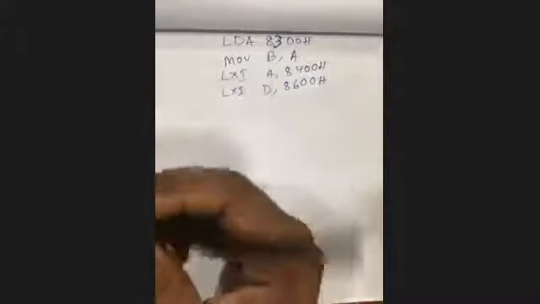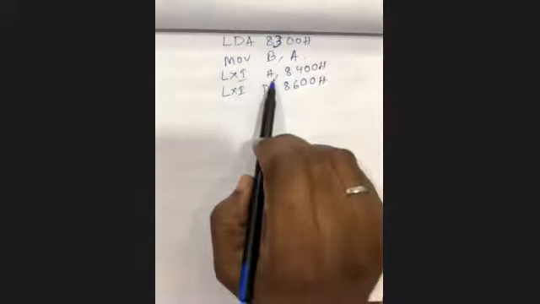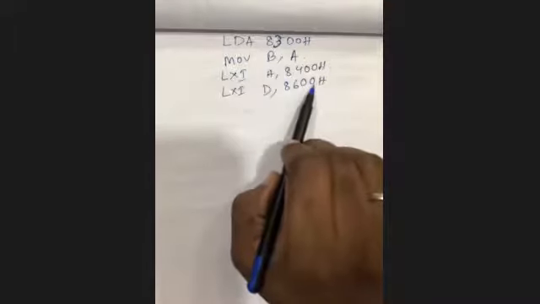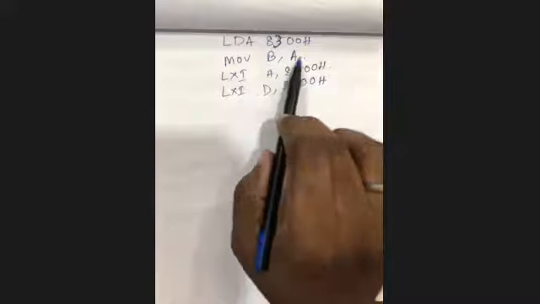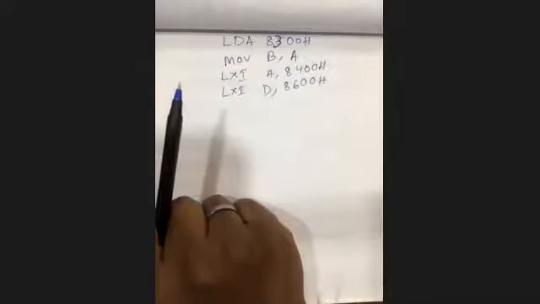The registers are A, B, C, D, E, H, L. HL is used over here, D is used over here, B is used over here, A is already used. Which register is not used? C. Yes, C, sir, is not used till now.